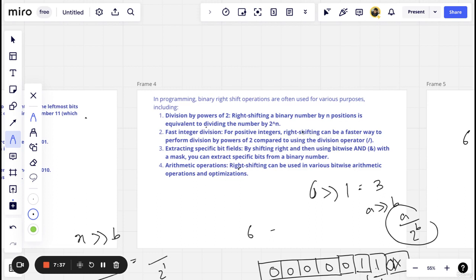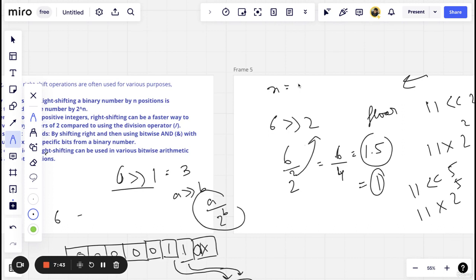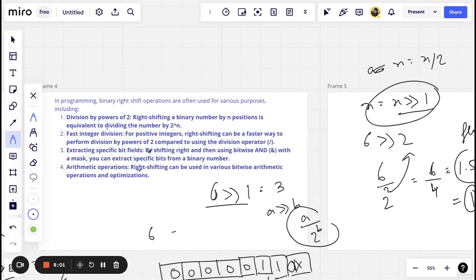Okay, so if you are doing programming, this right shift will become very easy. I can simply right shift x by 1 instead of doing the whole calculation of x equal to x divided by 2. So this is a faster way of dividing the number by 2. Okay, arithmetic operation: right shifting can be used in various bitwise arithmetic operations and optimizations.